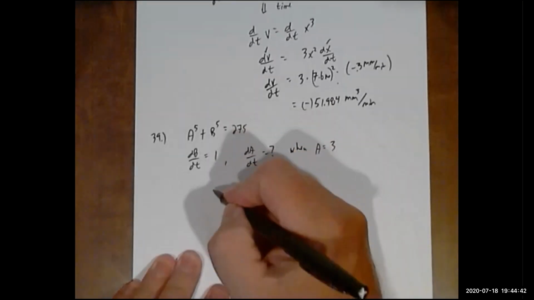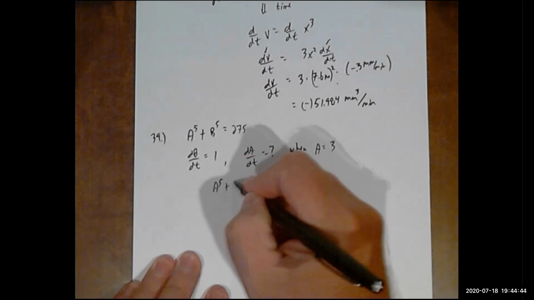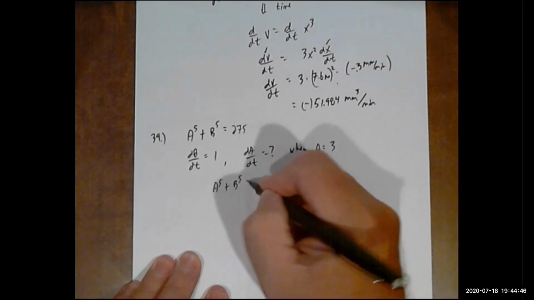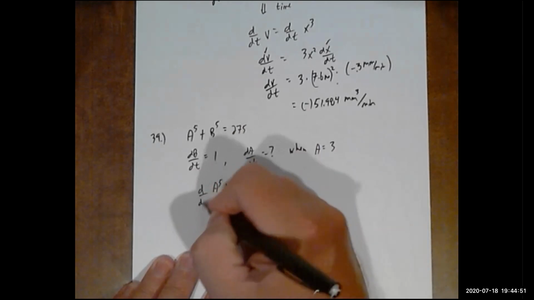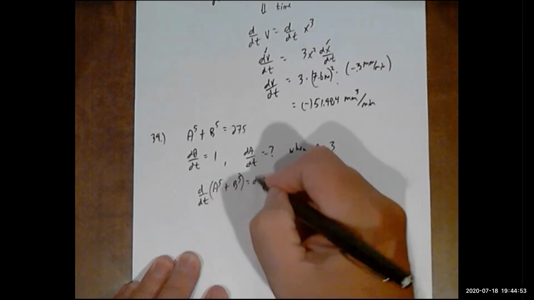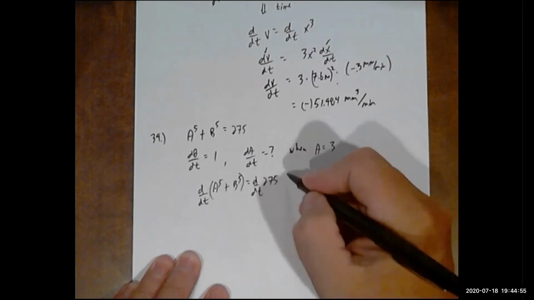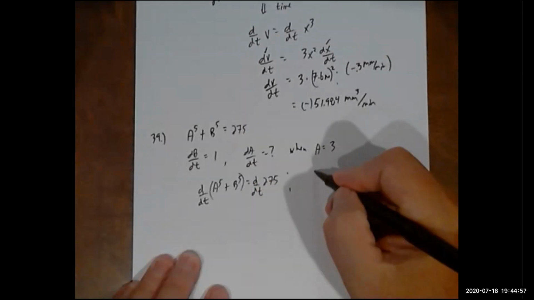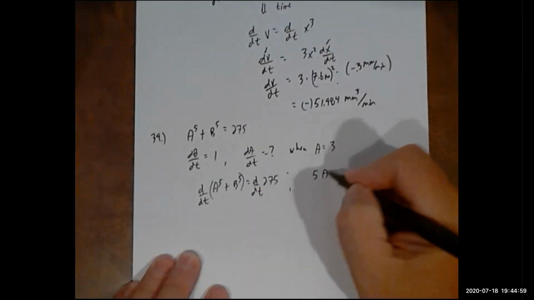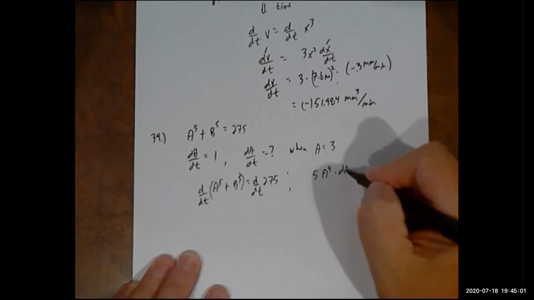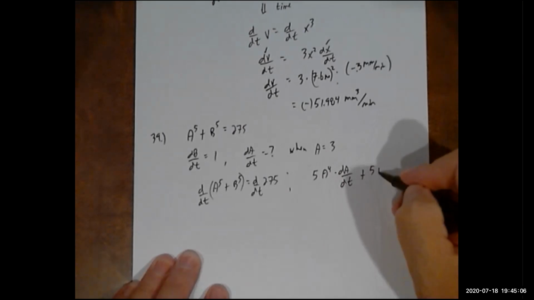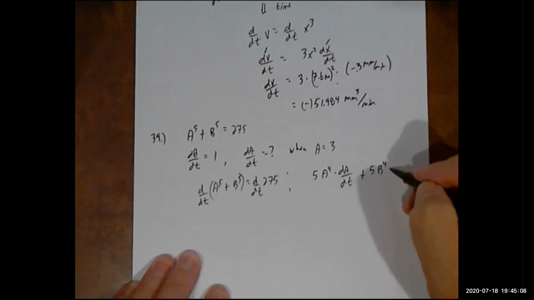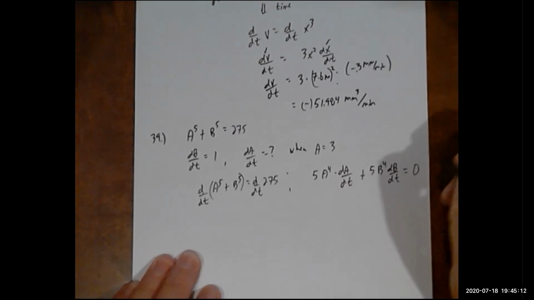So I'm going to take the derivative of both sides of this equation with respect to time. So it's 5a to the 4th times dA/dt plus 5b to the 4th times dB/dt equals 0.